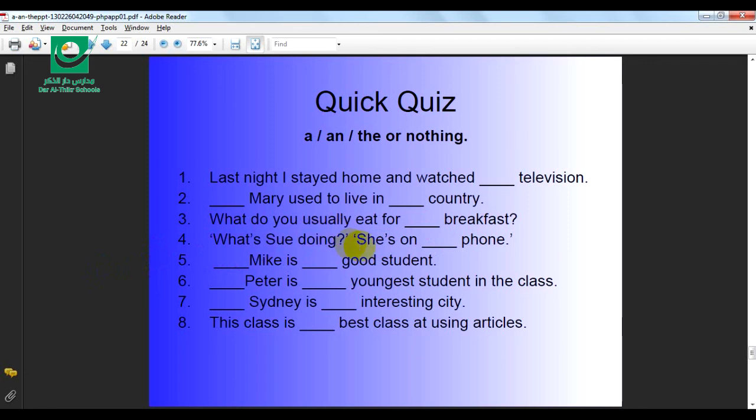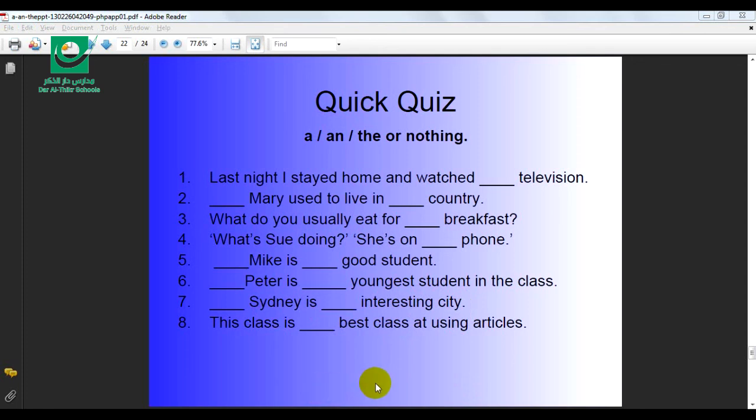What is Sue doing? She is on phone. What is the correct article? Number five. Mike is good student. Number six. Peter is youngest student in the class. Number seven. Sydney is interesting city. Number eight. This class is best class at using articles.